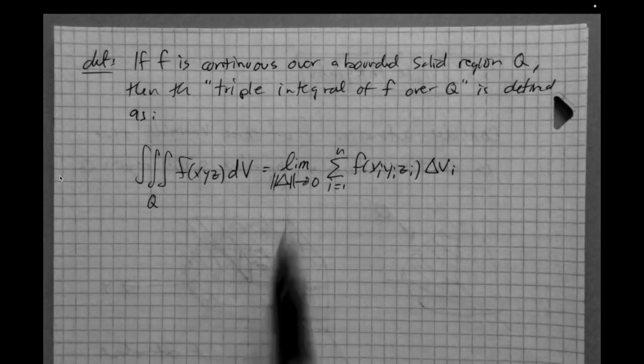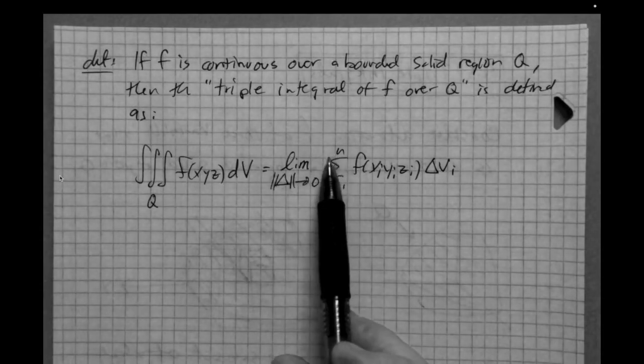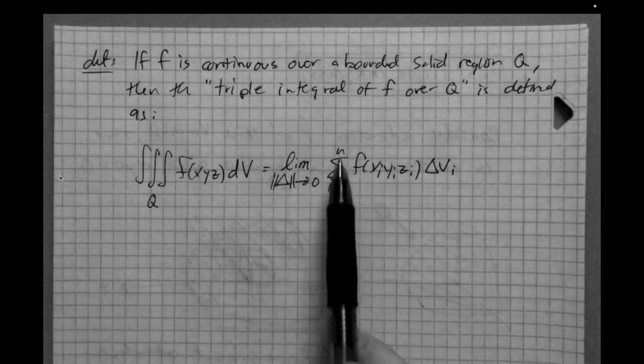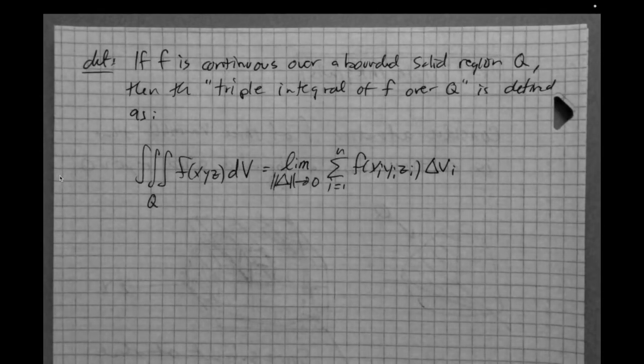Obviously as the norm of the partition goes to 0, the number of cubes required to partition the space increases without bound. One thing to keep in mind is that as the cubes get smaller, the number of cubes inside of Q increases without bound. This is the idea we've seen from all the way back at the beginning of Calculus 2 when we introduced the integral.